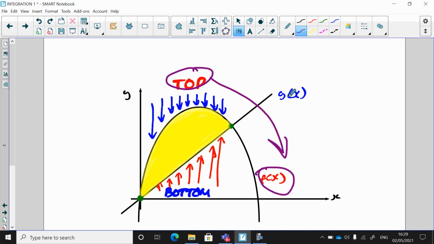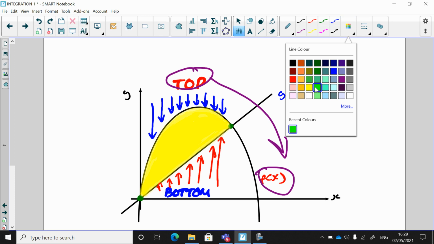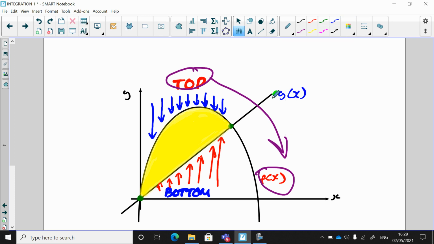Okay. And the other one is actually that one there. So you need to make sure that these are in the right order. Okay? Need to make sure of that.